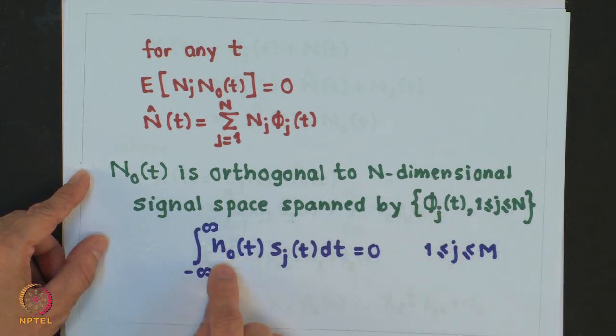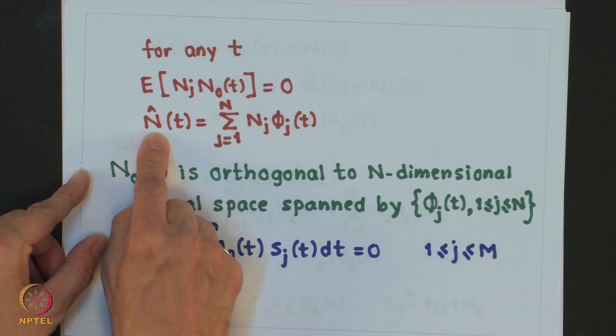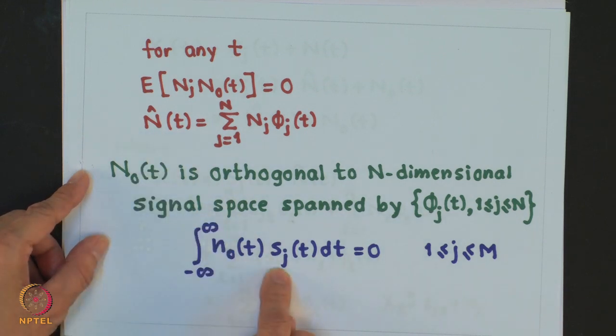So, I can write for a specific sample function n0t this expression, which implies that n0t is orthogonal to sjt. Remember, sjt lies in the same space as n hat t. So, this relationship is valid.